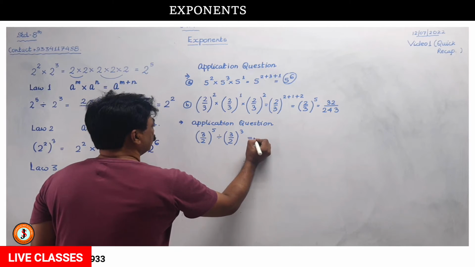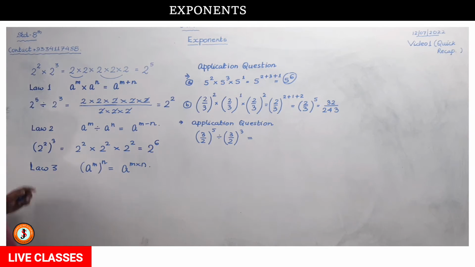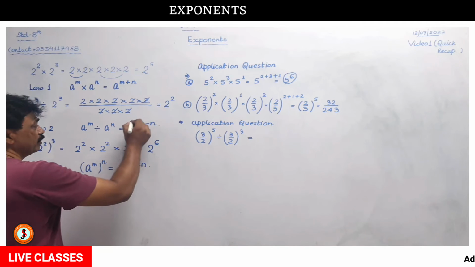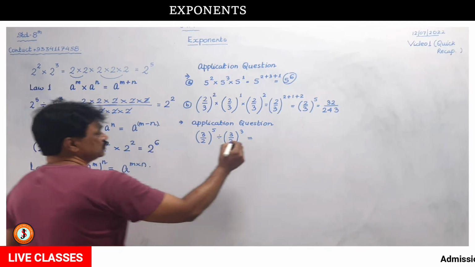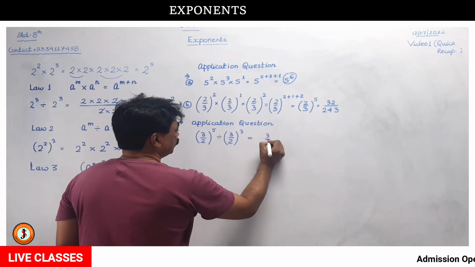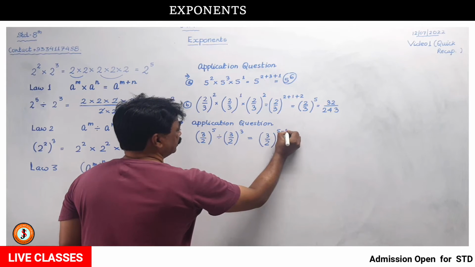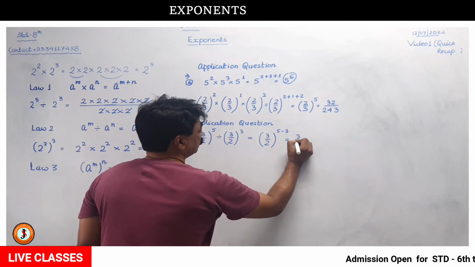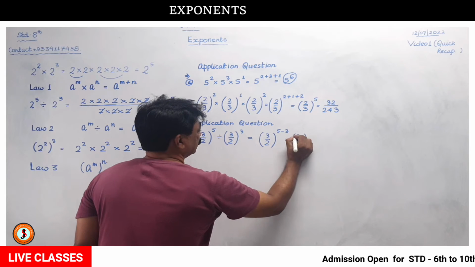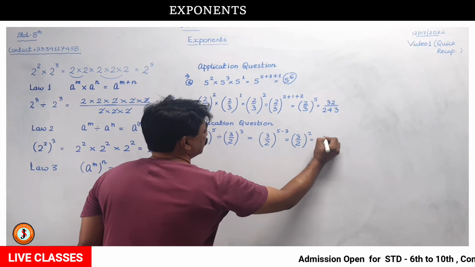So what does the second law say? a to the power m divided by a to the power n is equal to a to the power m minus n. So this can be written as 3 by 2 to the power 5 minus 3. So 3 by 2 to the power 2, that means 9 by 4.